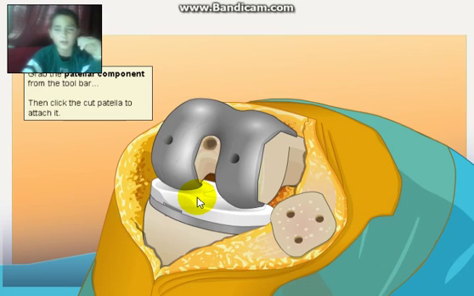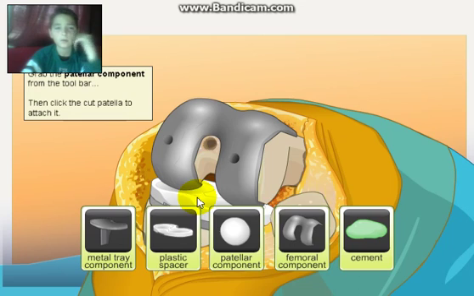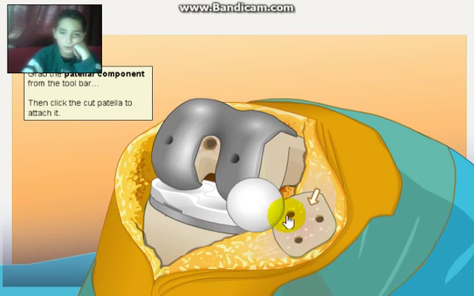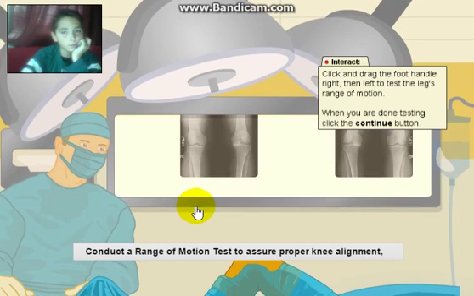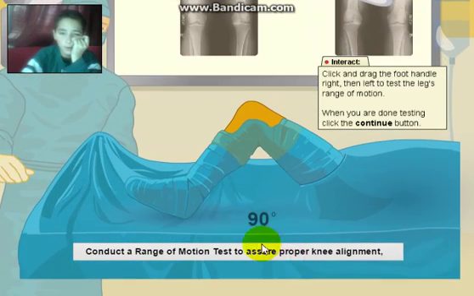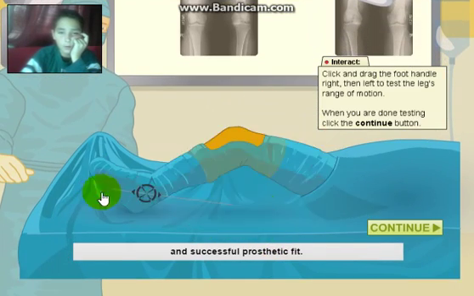Lastly, attach the patellar trial component. Why do you think the two tibial components are inserted separately instead of as one unit? Fantastic. Conduct a range of motion tests to assure proper knee alignment and successful prosthetic fit.